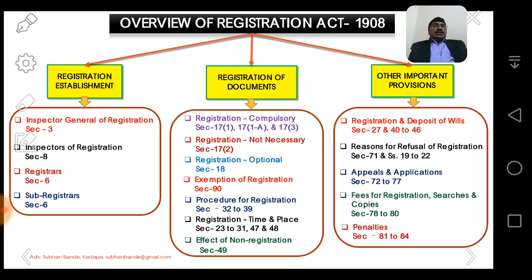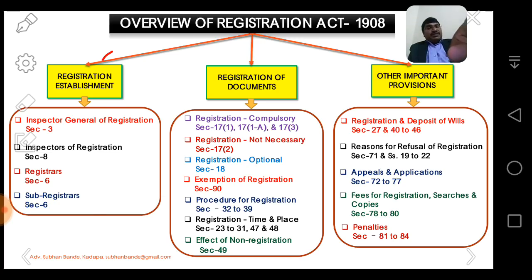Because the state government makes the rules related to fee for registration, searches and copies. Hence, it is better to refer to the appropriate state government's rules related to fees for registration, searches and copies. It is specified from section 78 to 80.